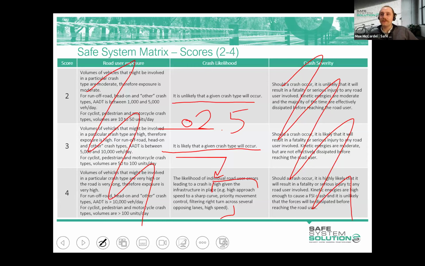So you can do 2.5, 3.5, 1.5, 0.5, but that is as granular as it gets. You don't go 2.25 or 2.1, purely because this framework is just not set up for that granularity. It is a high level indication for safe system alignment, and the half score is as far as you go.